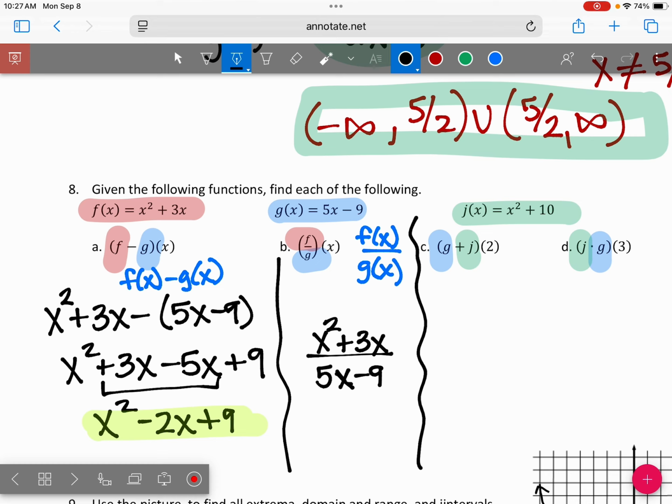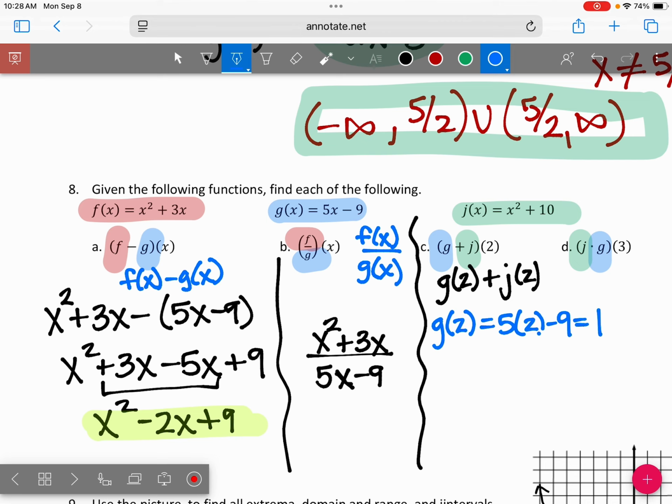For questions C and D, we have actual numerical values. What this is saying is to take g of 2 and then add that to j of 2. So g of 2 is 5 times 2 minus 9, which is just 1.